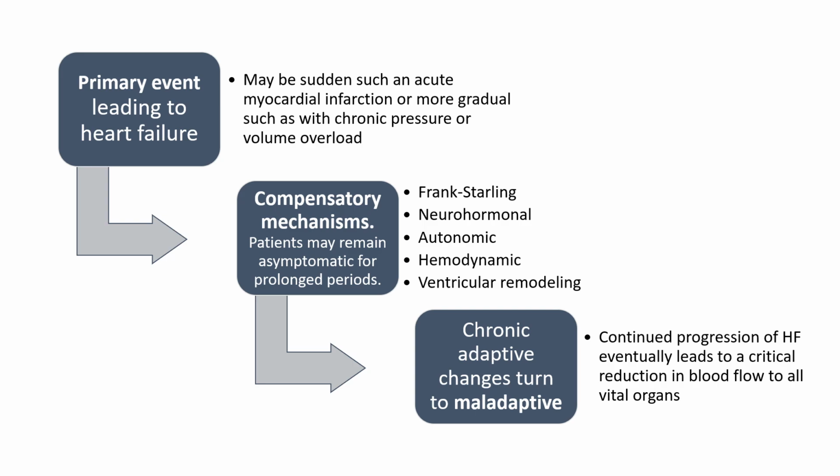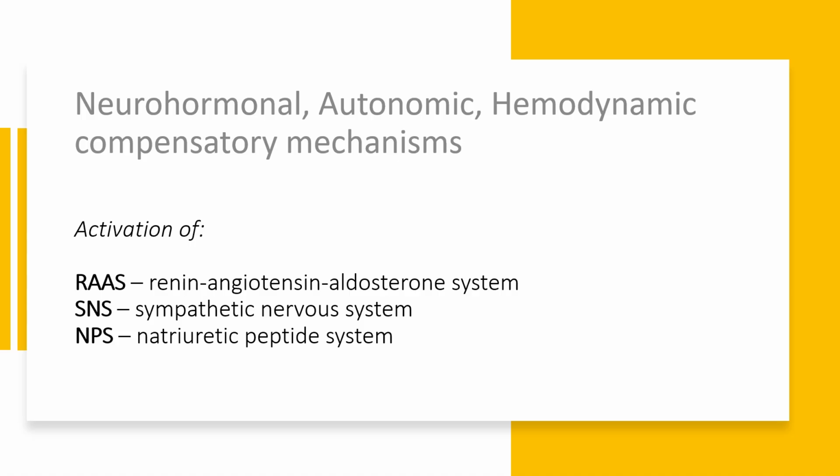Thus, continued progression of heart failure eventually leads to a drop in cardiac output and a critical reduction in blood flow to all vital organs. We talked about the Frank-Starling mechanism. Let's now talk about the neurohormonal, autonomic, and hemodynamic compensatory mechanisms represented by the activation of three systems.